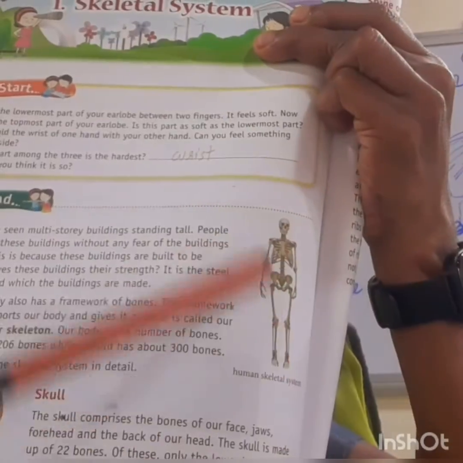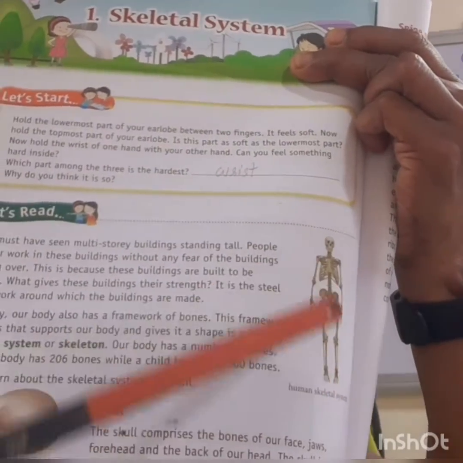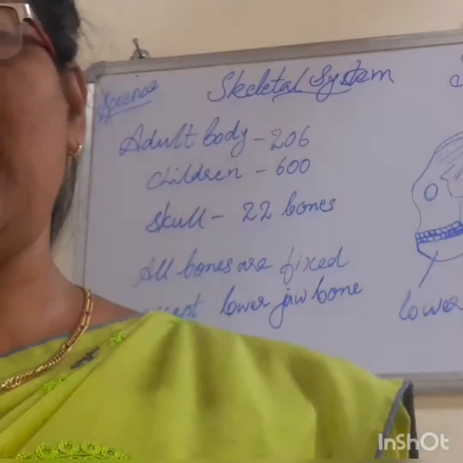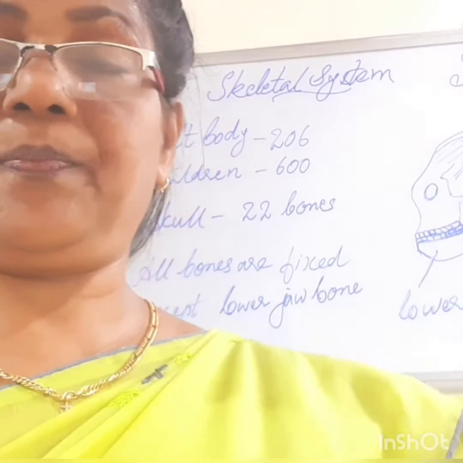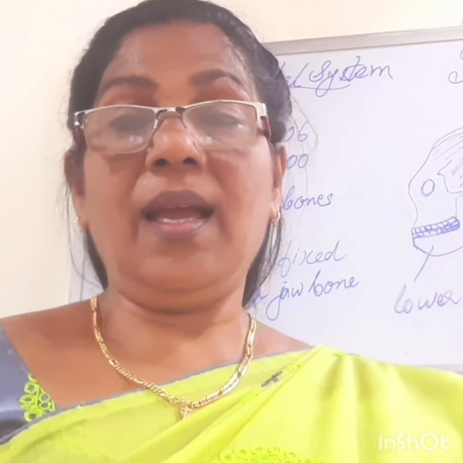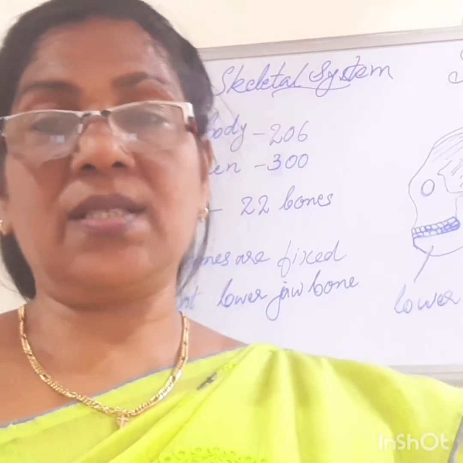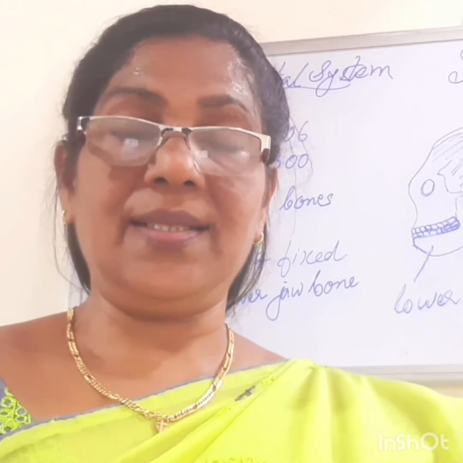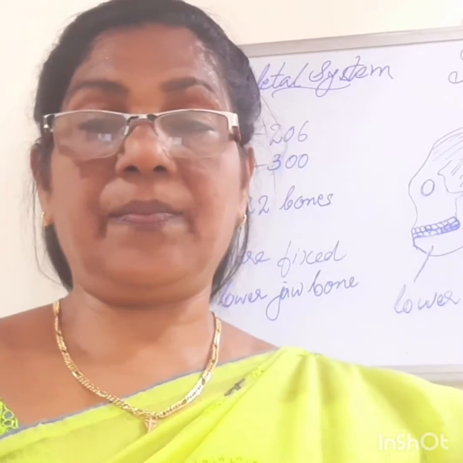This is a framework of bones, and this framework of bones is known as the skeleton or skeletal system. An adult has 206 bones in the body, and in children there are 300 bones present.